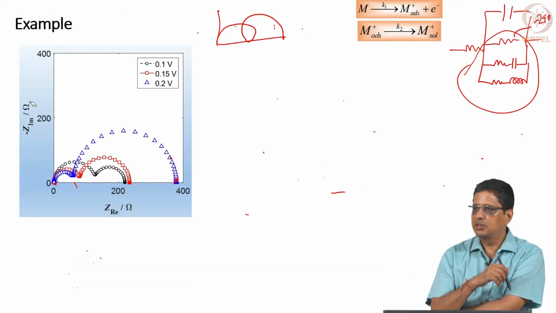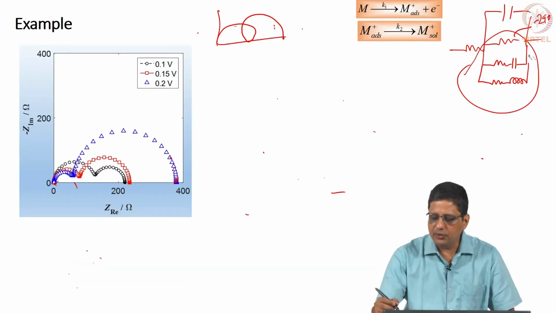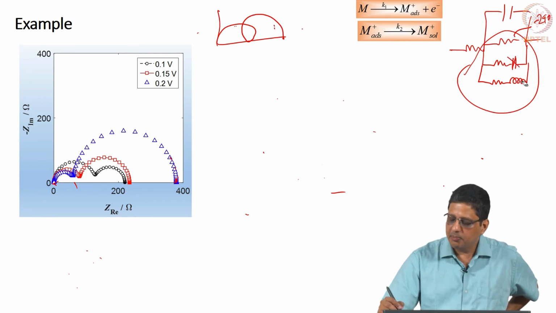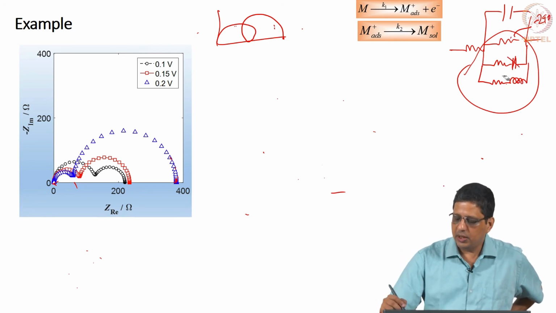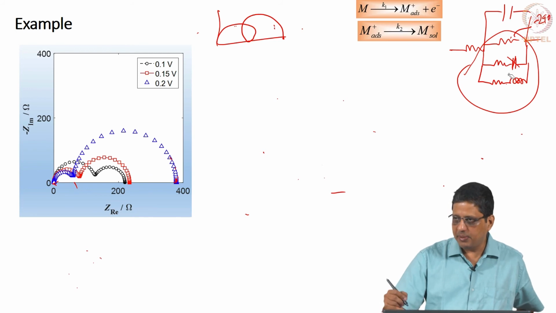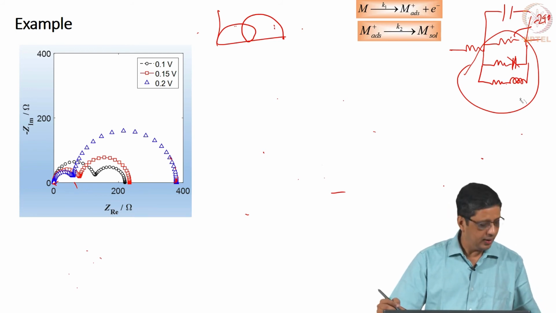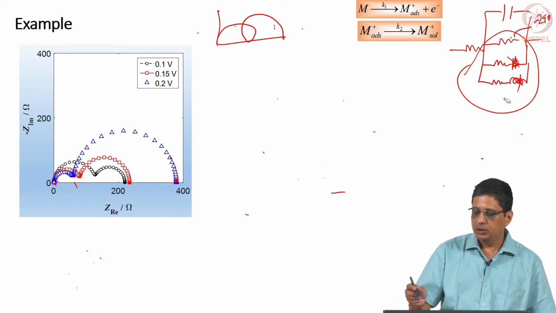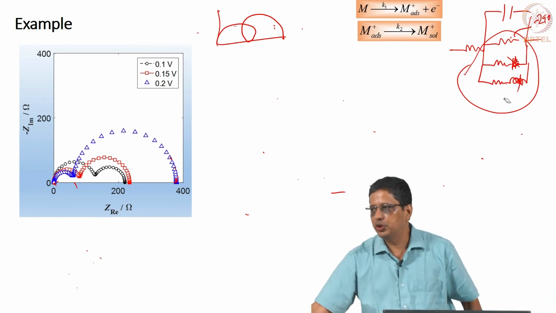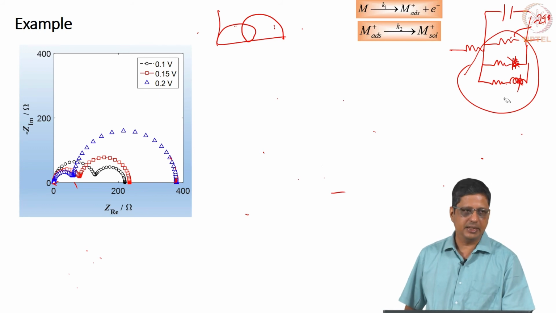If I have a mixed circuit, when I give 0 frequency, this is broken, but this is short circuited. So, I have two resistances in parallel at the minimum, and I may have more elements. If I give infinite frequency, this is short circuited, but this is broken. So, you should not mix inductor and capacitor when you are modeling the Faradaic impedance part.